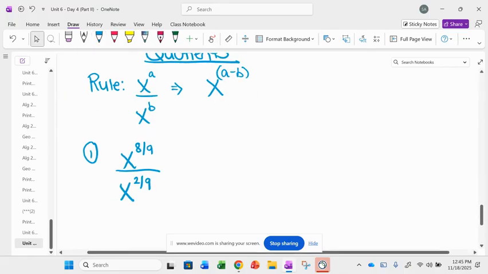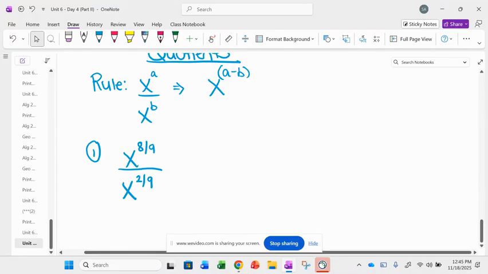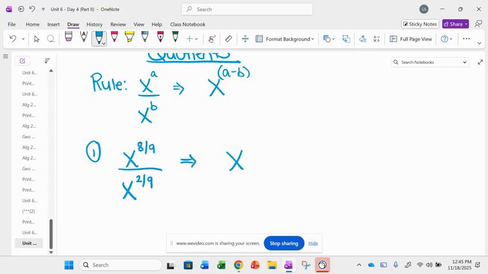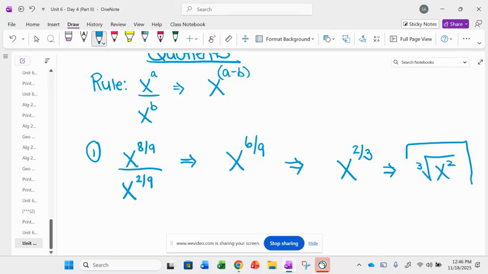So this isn't so bad because I have the same base and I have the same denominator on my exponents, right? So the rule says just keep your base and subtract your exponents. So 8/9 minus 2/9 is 6/9. But what do I have to do to that 6/9? Simplify it. So that becomes 2/3. And how would I change x raised to the 2/3 into a radical? Cubed root of x squared.